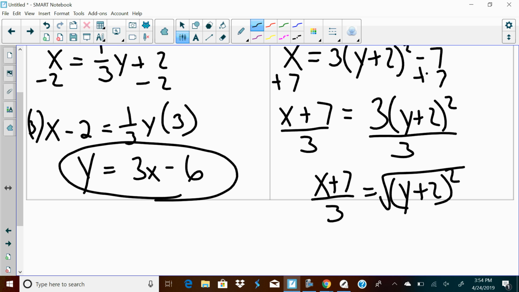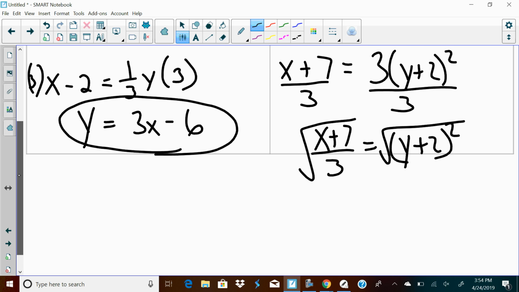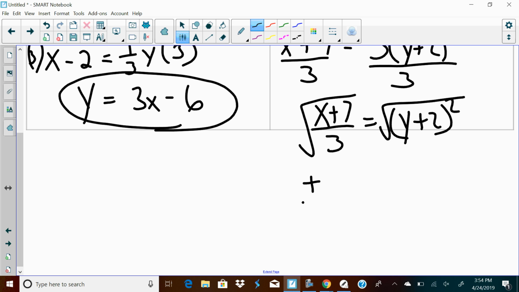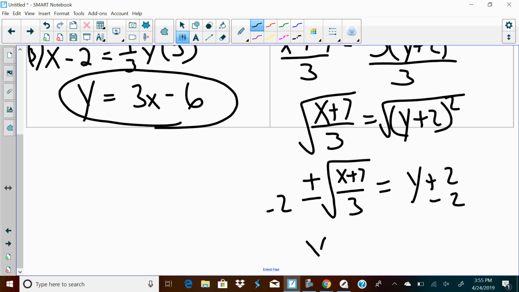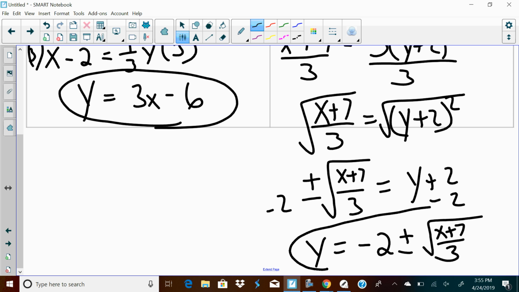So I'm going to take the square root of both sides. So I get plus or minus the square root of x plus 7 over 3 equals y plus 2. I'm going to subtract 2 from both sides. So my final answer is y equals -2 plus or minus the square root of x plus 7 over 3.